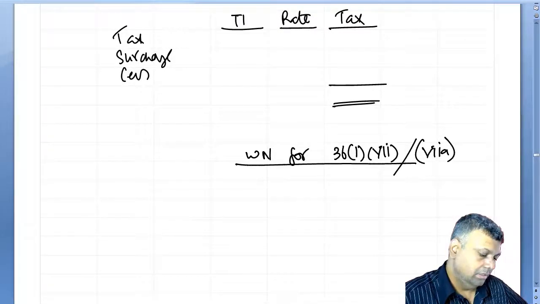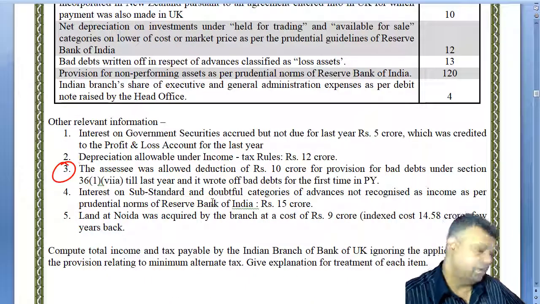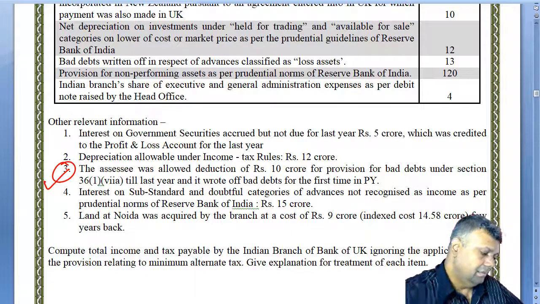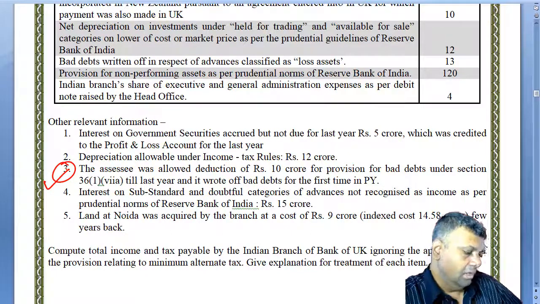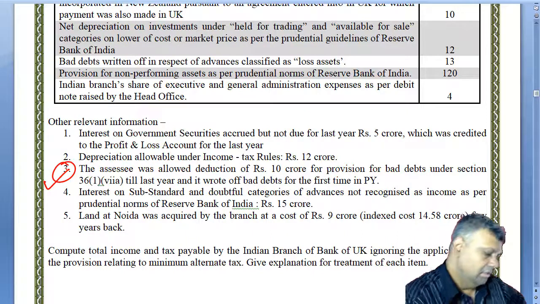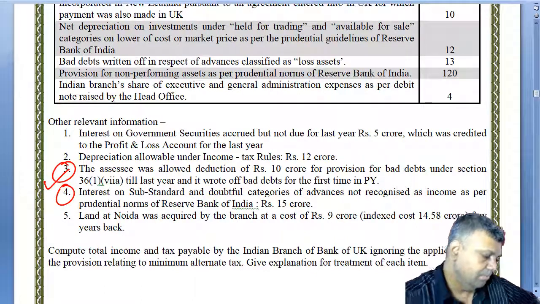But this working note I have to develop at the end, because still all the 5 points I have not read. So that's the reason I'm waiting. So this is done. Assessee's allowed, we have discussed that, but you have to develop a working for it. We'll do that. Now, next point, interest on substandard categories.